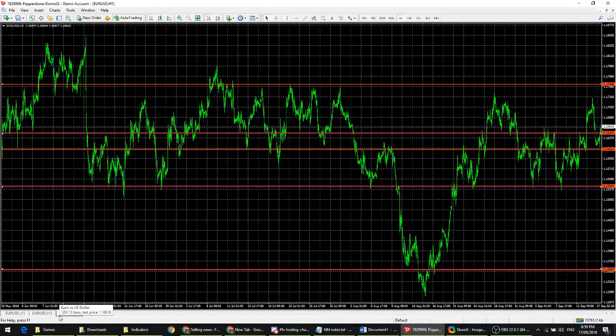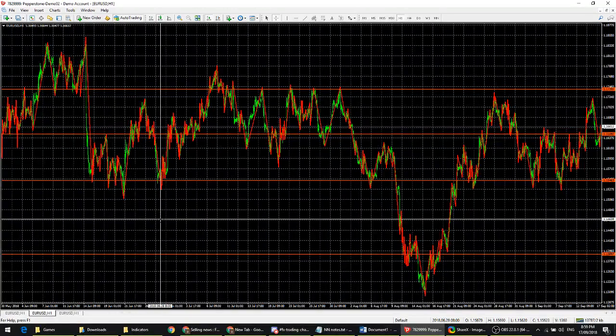Now what we do is we put all these values into an array. This indicator's idea of where support and resistance is, and then this one's idea of where support and resistance is, gets put into a huge big data array of numbers, and then it looks for when they agree.